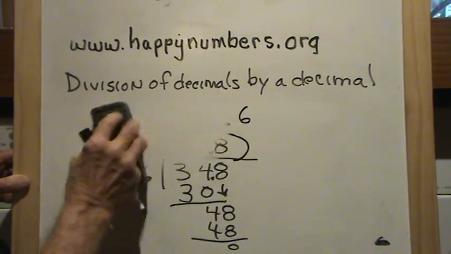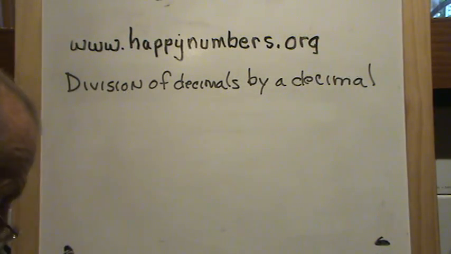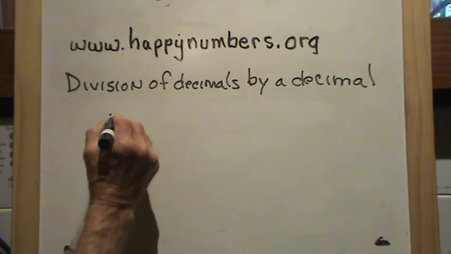All right, let's take a look at another problem. Again, the skill here is to make sure that the divisor is in the form of a whole number. The divisor has to be in the form of a whole number. Let's take this problem.